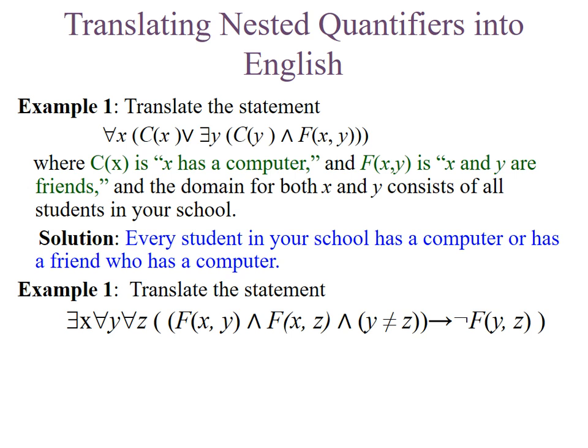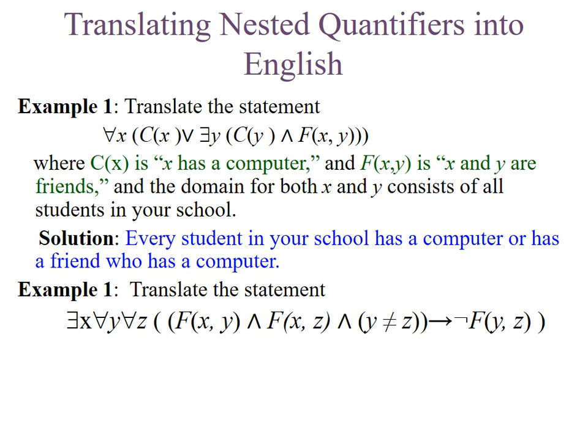So we have a particular element x in the domain. The domain is all students in our school. This is a very special student because if he has friends y and z who are not the same person, then these two friends are not friends to each other.